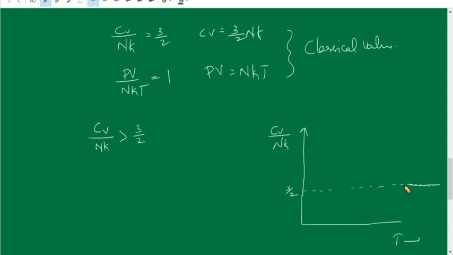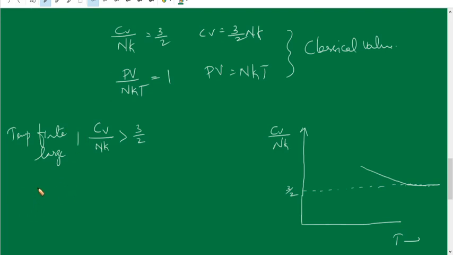As temperature slightly decreases, but is still large and finite, lambda cube increases, therefore the value rises. And when temperature is finite and large, then this will be the value.